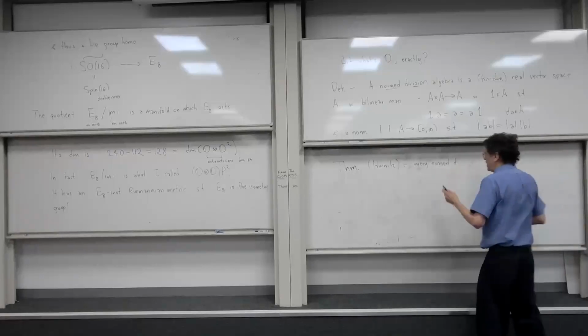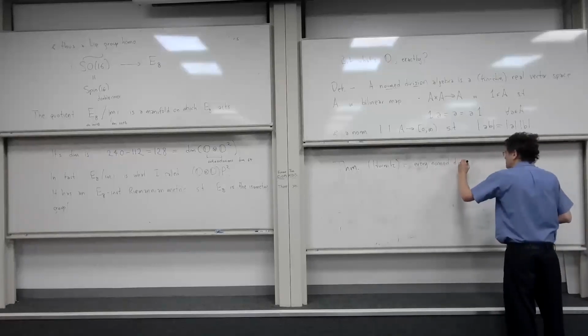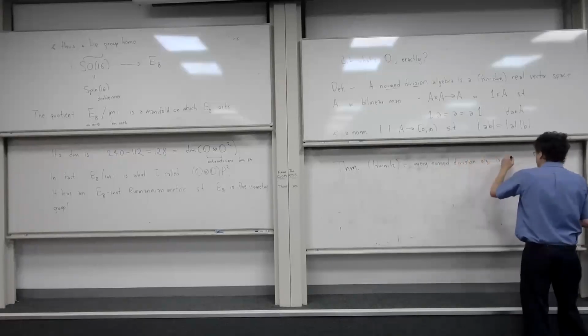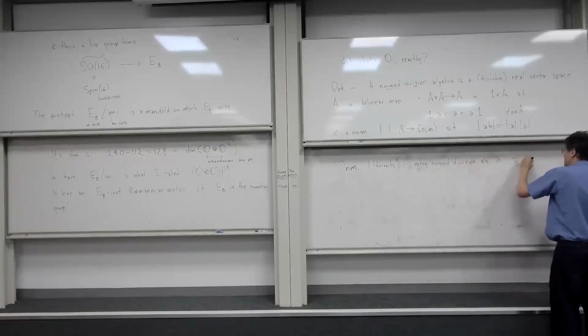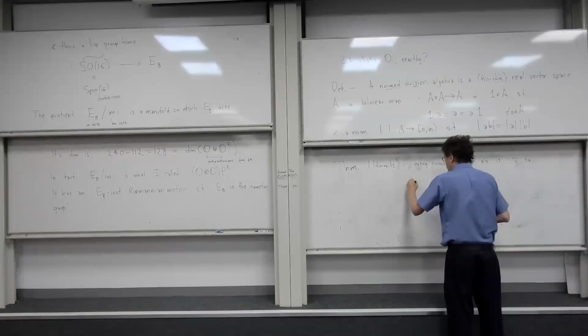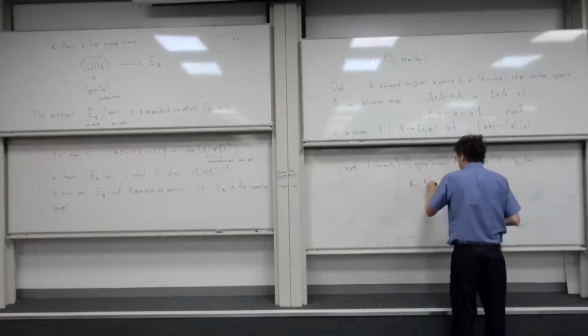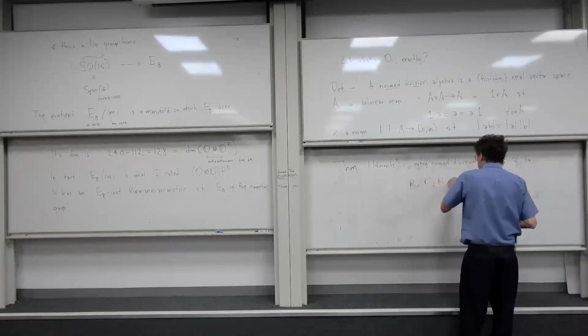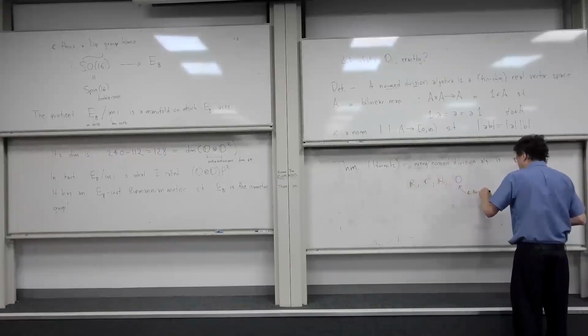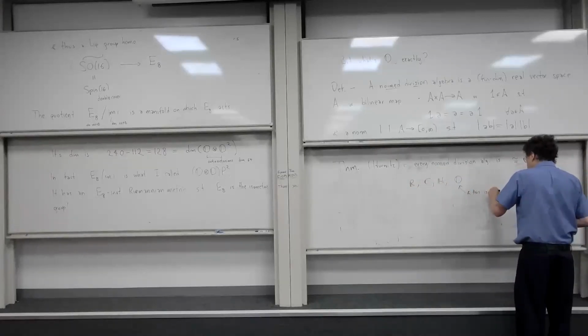So every norm division algebra is isomorphic to one of 4: the real numbers, the complex numbers, the quaternions, and the octonions. And this last one is non-associative.